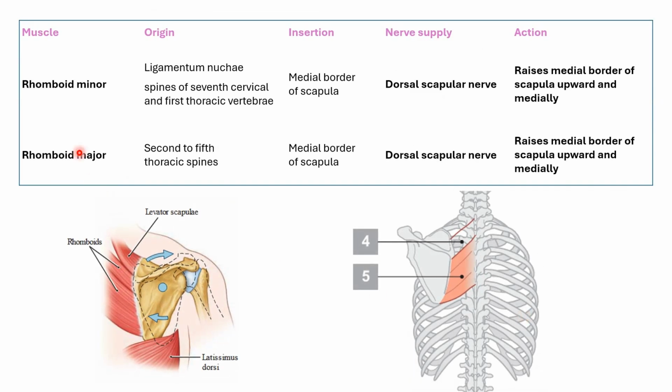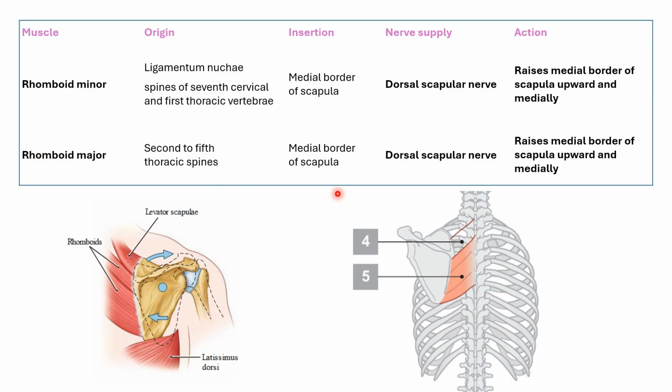Now we learn about the remaining two muscles, rhomboid minor and rhomboid major. Rhomboid minor originates from the ligamentum nuchae and spines of the 7th cervical and first thoracic vertebrae. You can see rhomboid minor originates from the ligamentum nuchae and spines of C7 and T1.